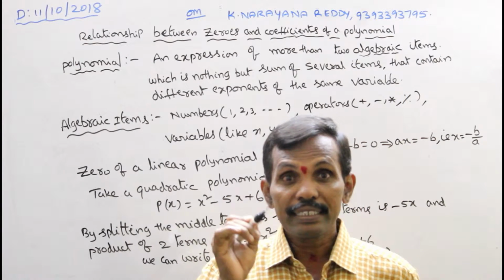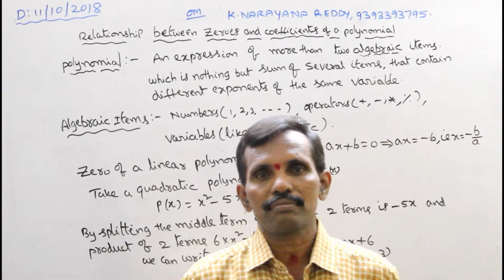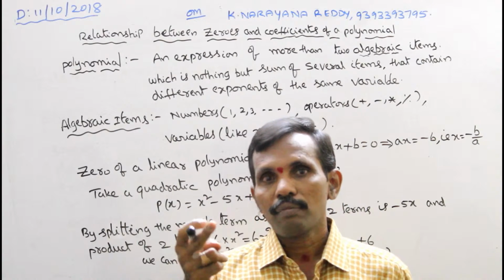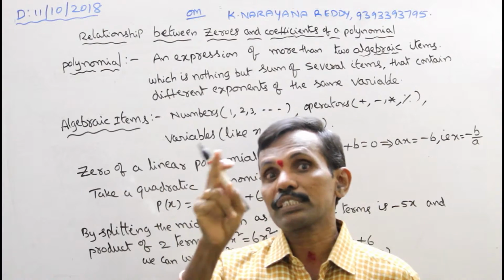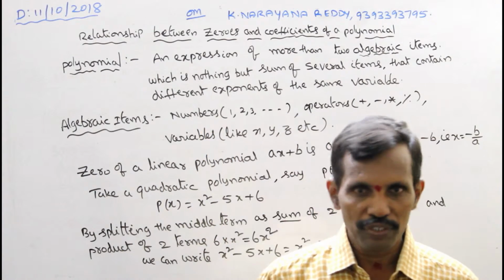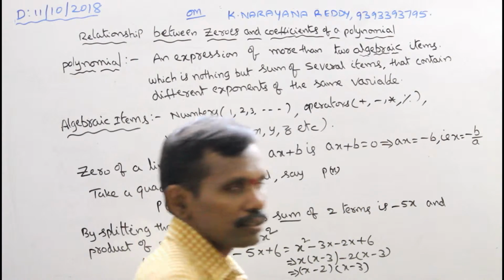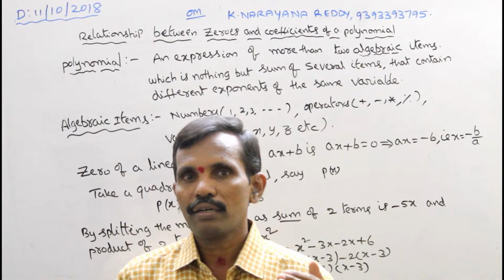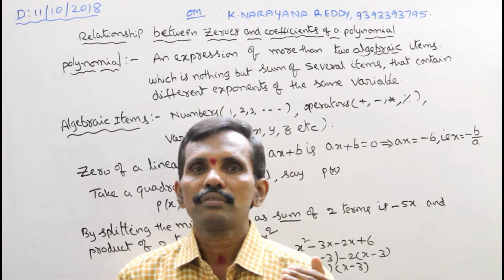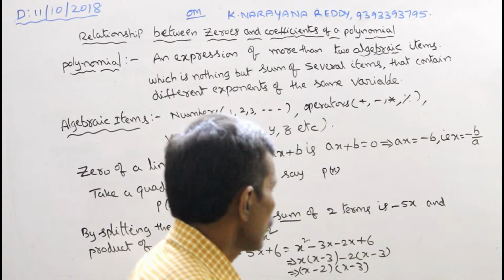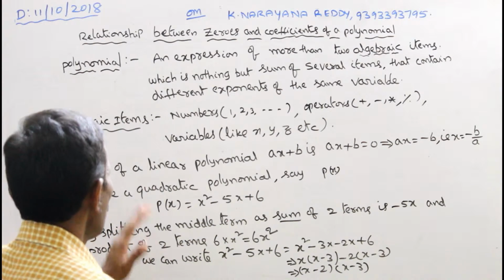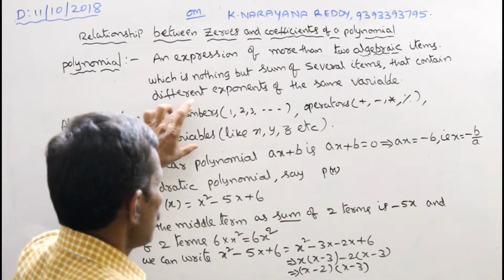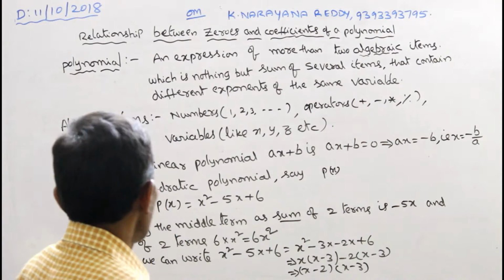Because this can be read as a to the power of x, but x is the exponent. I will tell in future videos what the difference is between base, exponent and power. So algebraic items are numbers, operators and variables.